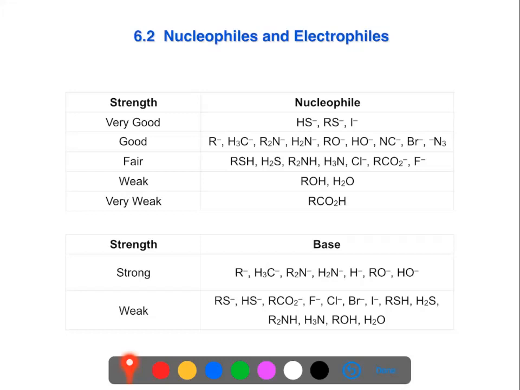Look to the protonated version of that base and compare the acidities. You can use pKa values to assist you in that. The higher the pKa value, the less acidic that species will be. The conjugate bases of those weak acids will be some of our strongest bases. And we know that from looking at our alkanes, that if an alkane loses a proton, we form these carbanions, and these are our strongest bases that we use in organic chem. So again, please use this table as a reference, as a guide, and look for these types of trends that we just discussed.